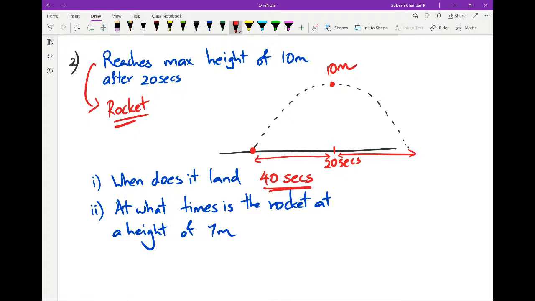But the next question I'm asking you guys is at what times is the rocket at a height of 7 meters? So in other words, we've got 10 meters there. So 7 meters is roughly there, which means we want to know what these 2 points are.